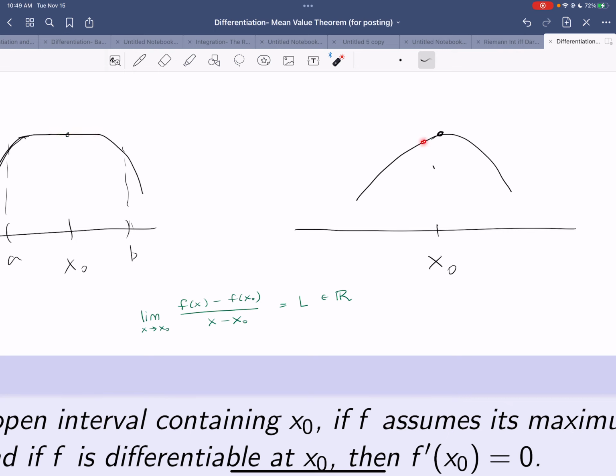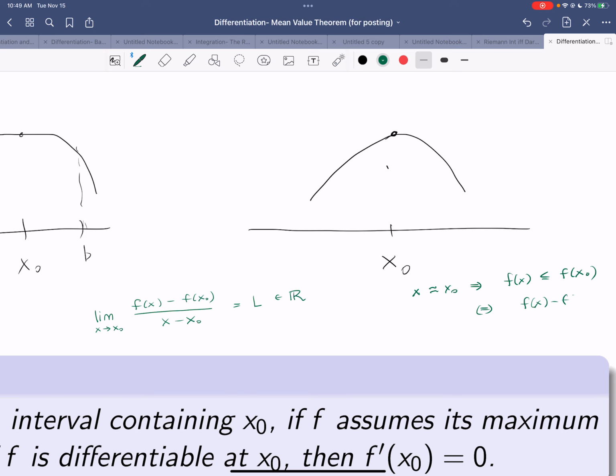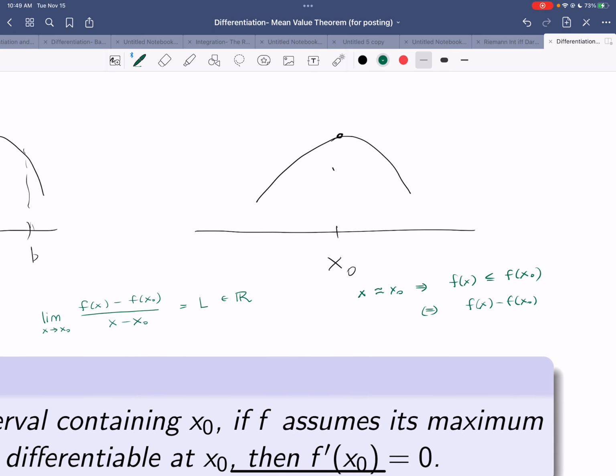And in the picture I've drawn here, when x is near x naught, f of x is less than f of x naught, right? So I can say x near x naught implies f of x is less than or equal to f of x naught. And that means that f of x minus f of x naught is going to be less than or equal to 0, right?